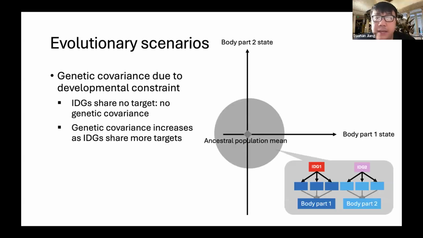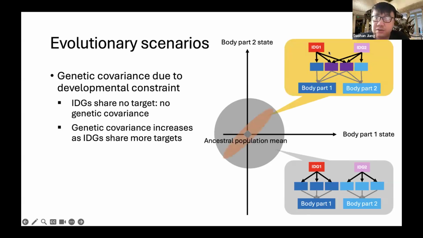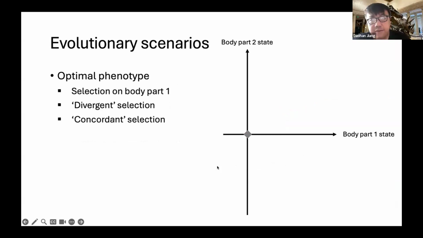First, there are different levels of developmental constraint. That is, the two identity genes may not share targets, in which case there's no genetic covariation, but maybe they do share targets, in which case there will be a genetic covariance between the two body parts, causing them to tend to co-evolve.